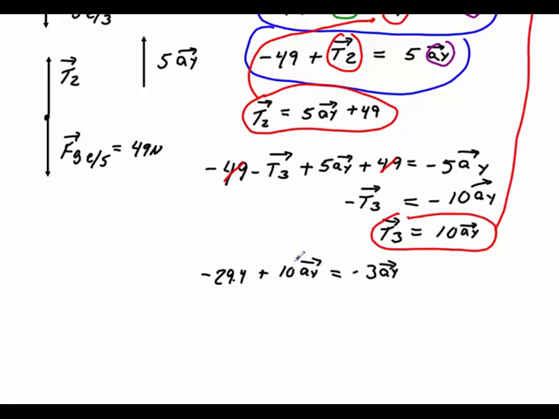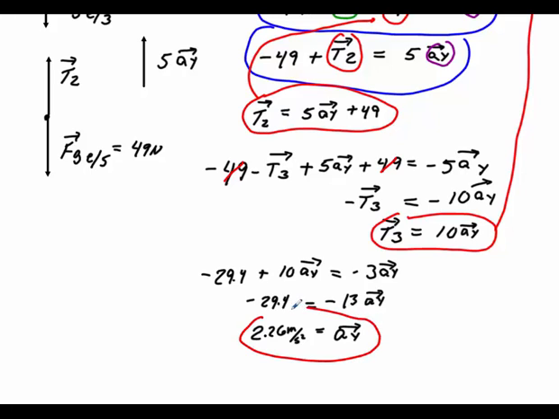We subtract 10 AY from both sides. We solve for acceleration of Y. That'd be 2.26 meters per second squared. So that is our solution. We found out what the acceleration in the Y direction is.